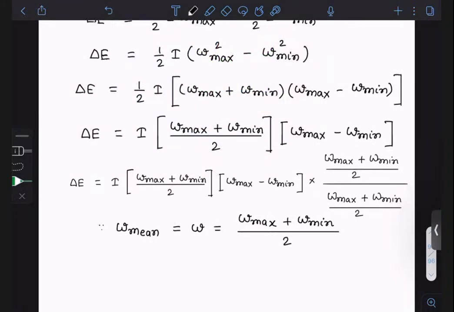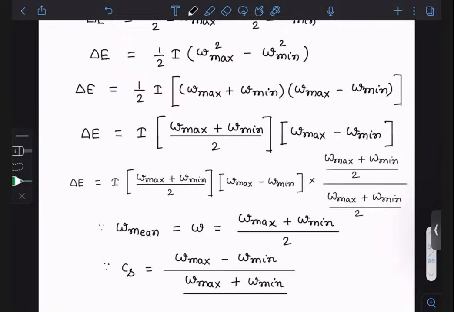And one more thing, you know that CS is the coefficient of fluctuation of speed: omega max minus omega min divided by omega max plus omega min divided by 2, right? This we know very well, right?